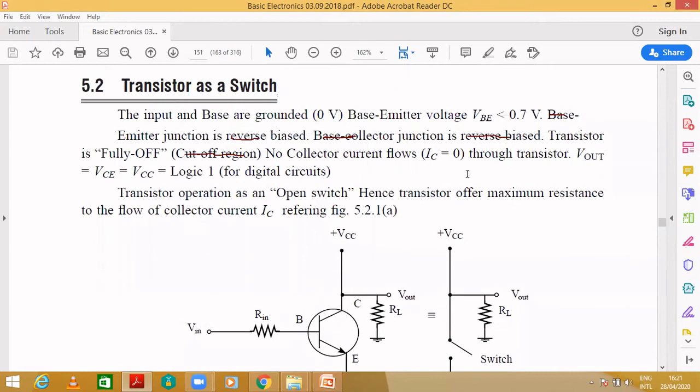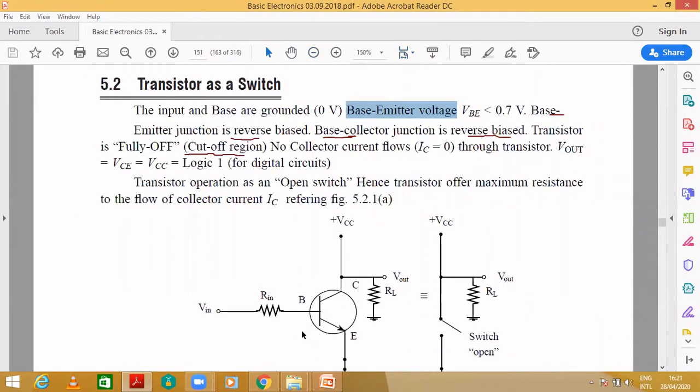The base emitter junction is reverse biased, which means the input is 0, or we are not giving any input. So VBE will be less than 0.7 volts because the base is grounded, and the grounding point is 0 volt.